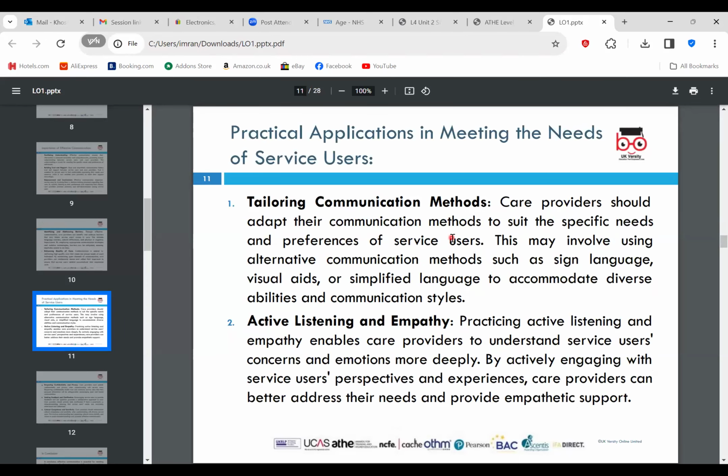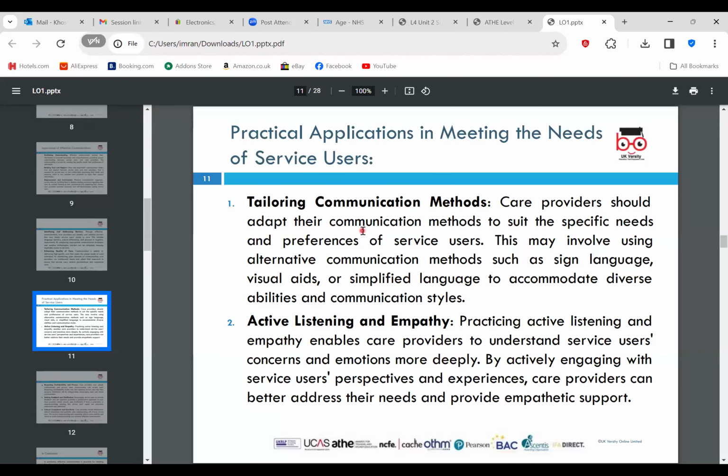Then there are some practical applications in meeting the needs of service users. Sometimes you need to tailor your communication methods. As I said, if someone has a hearing problem, you would probably ask for a hearing aid for that person, or you would use other methods such as British Sign Language in order to communicate with them.